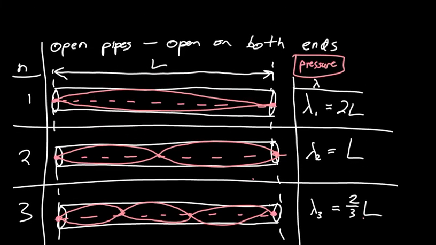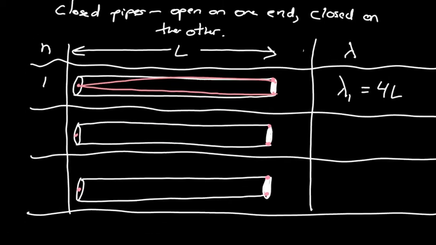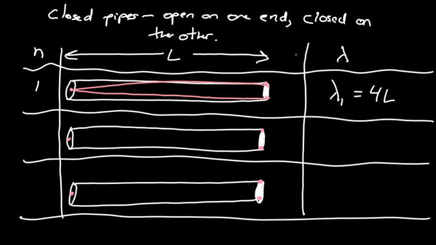Now 1/2 of a wave either starts at a node and ends at a node, or if we looked at this section over to this section, we could start at an antinode and end at an antinode. But that doesn't fit with the boundary conditions. We have to start at a node and end at an antinode, or vice versa if we're looking at the other direction.